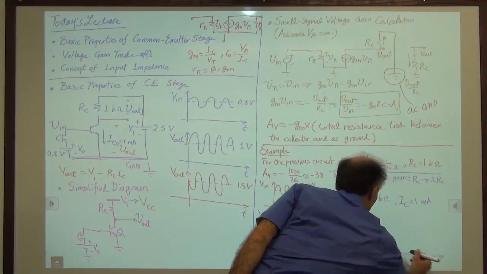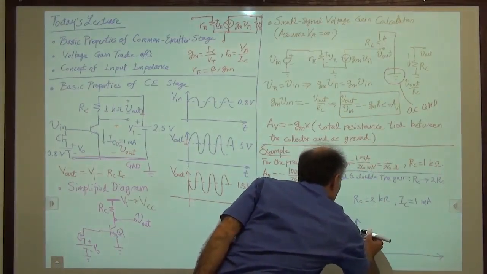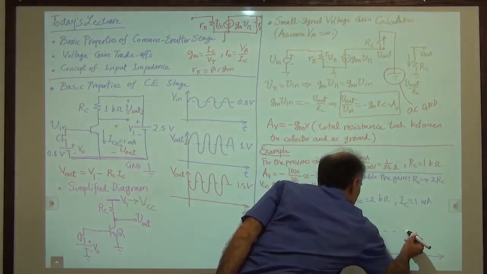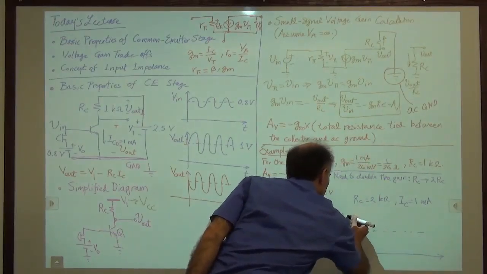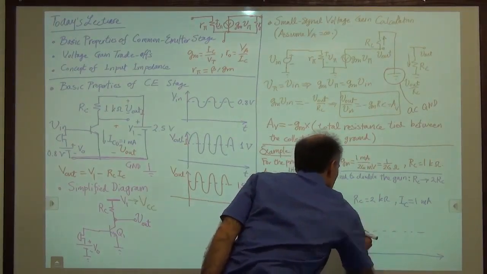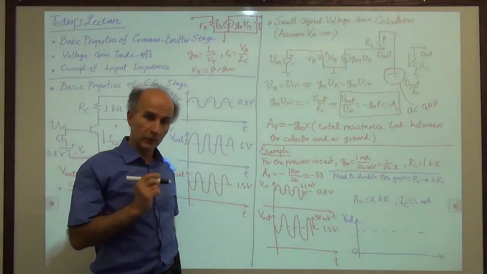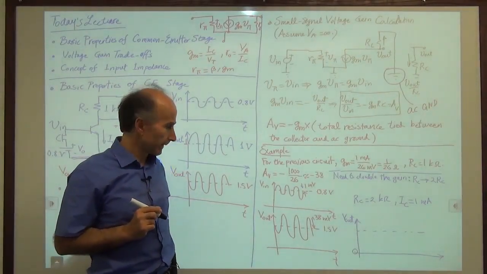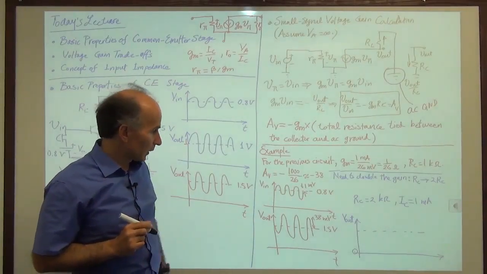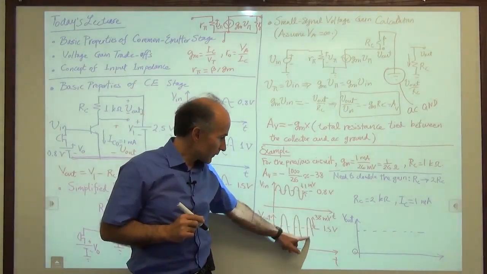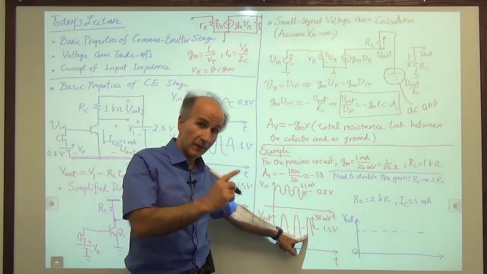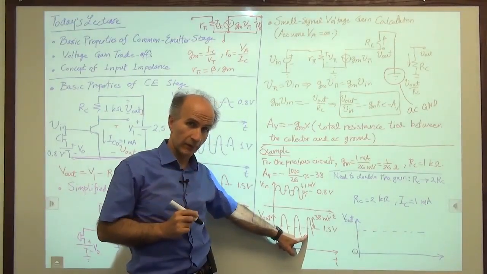The input hasn't changed. The microphone and the bias voltage for the base emitter are still the same. All we did was change the collector resistor from 1 kilo ohm to 2 kilo ohms. All right. So what we are hoping is that this signal swing now is 76 millivolts instead of 38 millivolts.